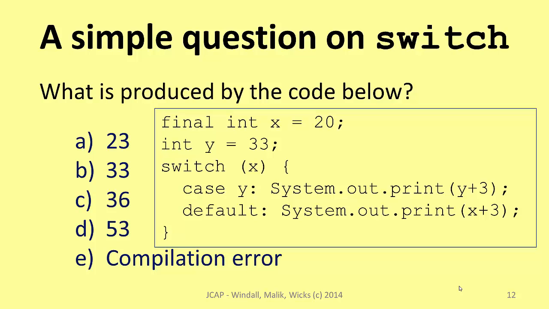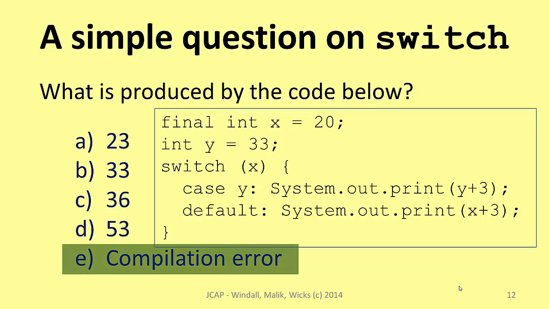So the answer is E. It would only produce something if it said case 20. If it said case 20, it would print out y plus 3. And if it had case anything else, 33 for example, it would print out x plus 3. But this won't compile at all. So the correct answer is E. Bit tricky, huh?